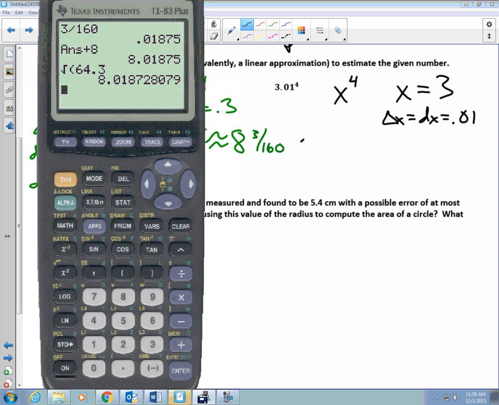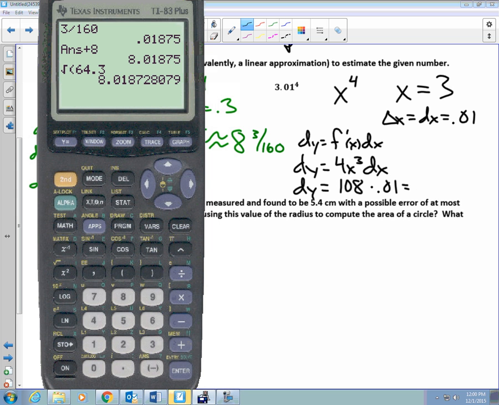So we have dy is equal to f prime of x dx. What's f prime of x? 4x to the third times dx. So dy is equal to, you take 3 to the third, which is 27, times 4, 108, times 0.01.